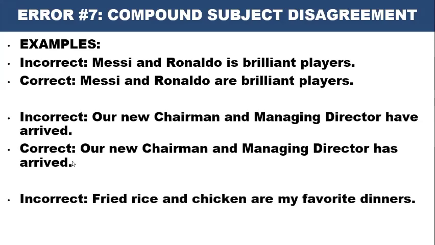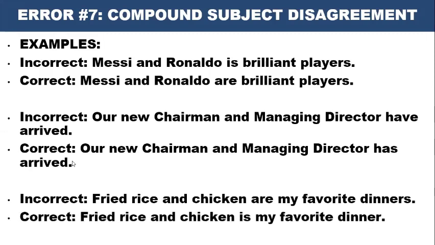For example, it is incorrect to say fried rice and chicken are my favorite dinners, because fried rice and chicken, we look at these two items as one thing, you know, because that's the food you eat. So it should be looked at as one unit, one dish, one dinner, okay? So the correct thing is fried rice and chicken is my favorite dinner, okay?